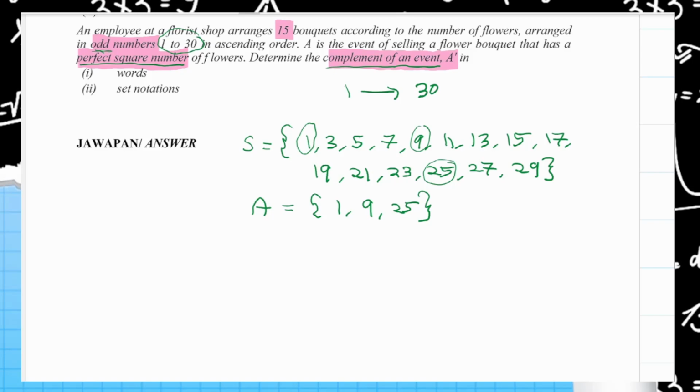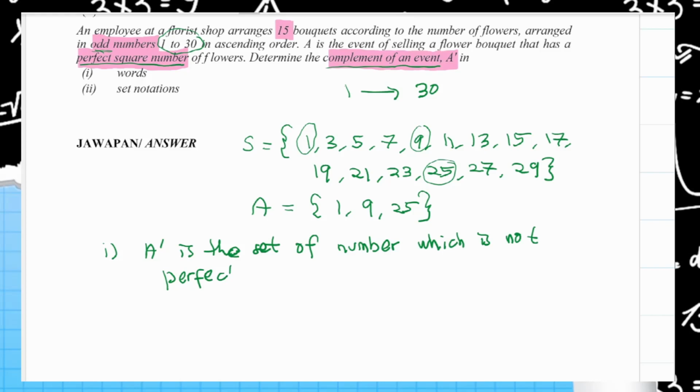So number 1, in words. You can say that A prime is the set of numbers which is not a perfect square. Because A prime must be everything other than the perfect squares.